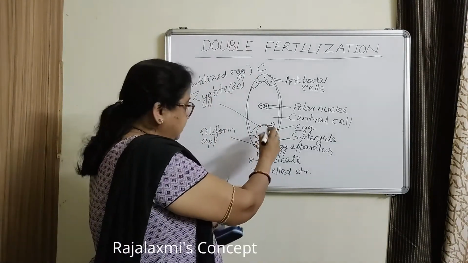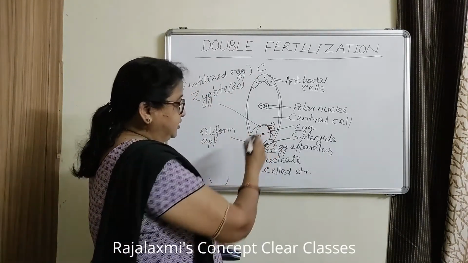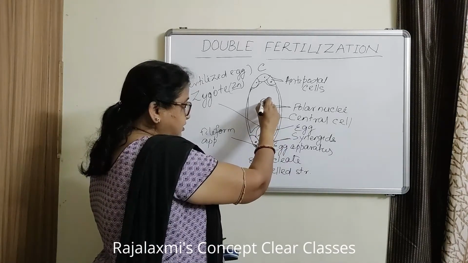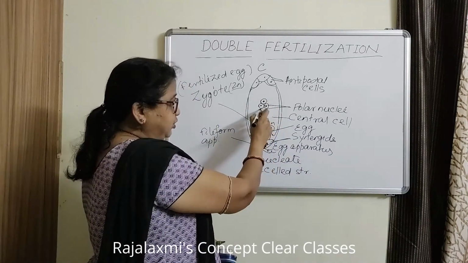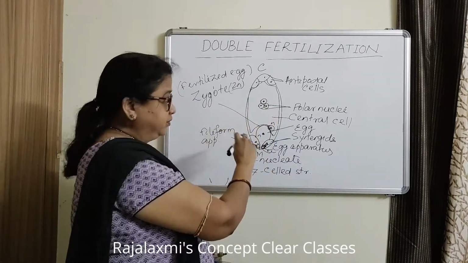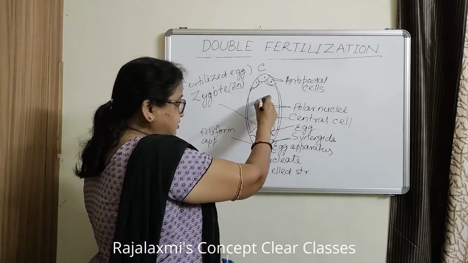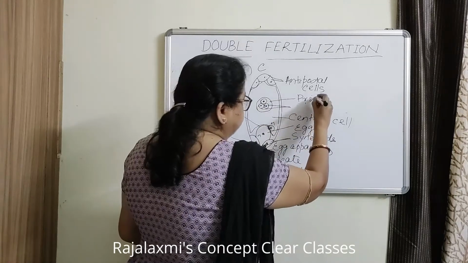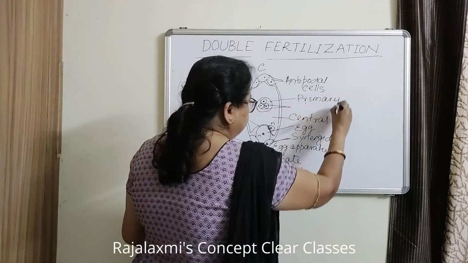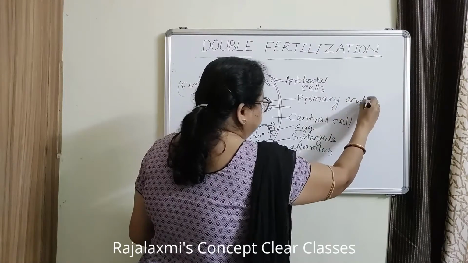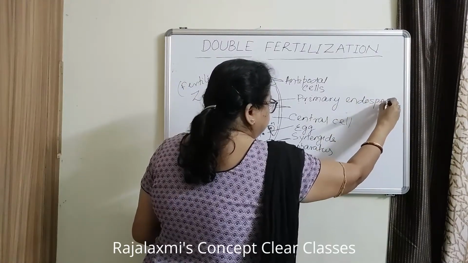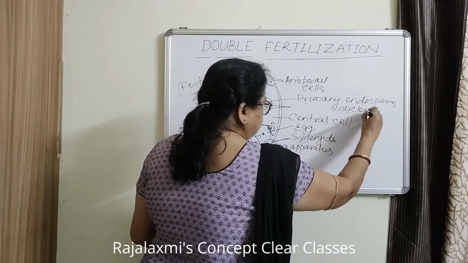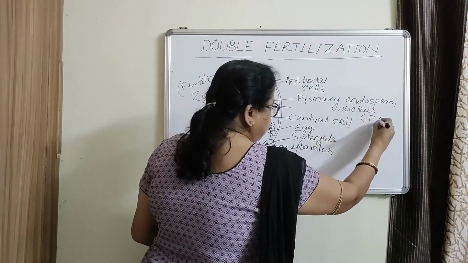Then the other male gamete comes to the polar nuclei and fuses with the polar nuclei to form a triploid structure known as the primary endosperm nucleus, or in short PEN.